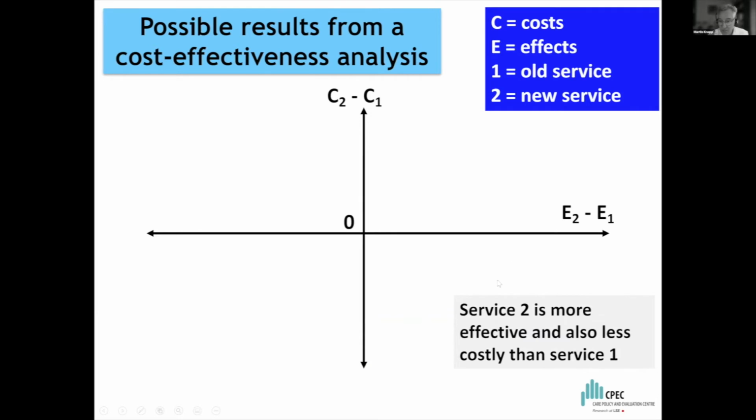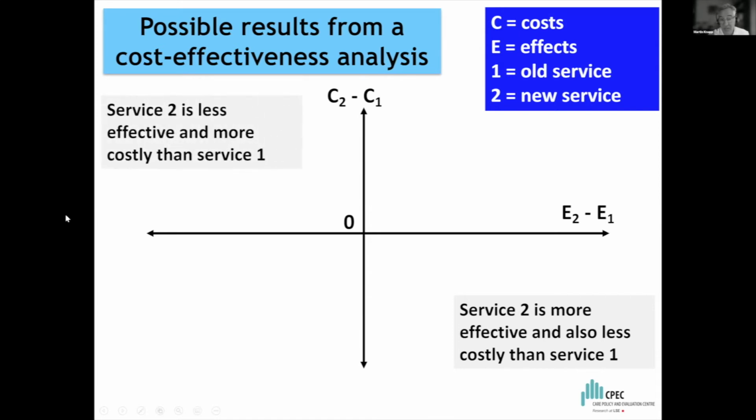So if my evaluation puts me down here, it says that service 2 is more effective and also less costly than service 1. And that's kind of bingo. Why would we not want to go with it? Service 2 is better and it's cheaper. So that's a nice, easy conclusion.